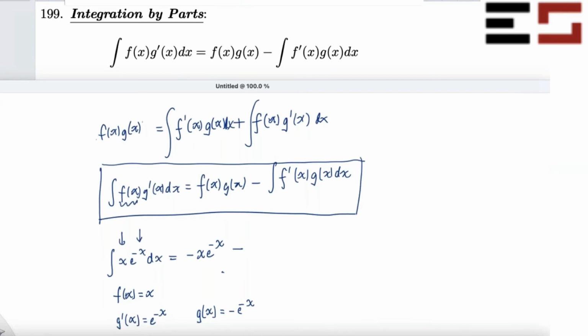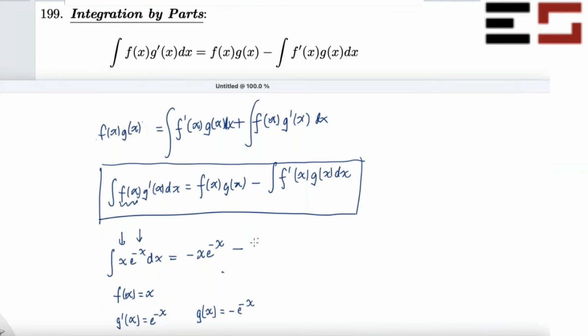So it's best if you take the first function as the algebraic function rather than e to the power minus x, because e to the power minus x will never vanish no matter how many times you differentiate it, but x will vanish with one derivative. Yes or no? Sometimes you might want to keep these things in mind, so that it will also help you to figure out what function should be first and what should be second.